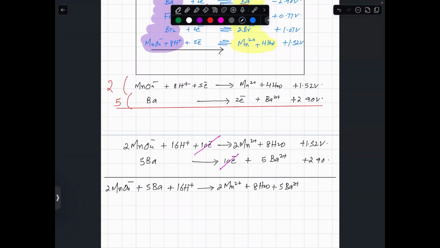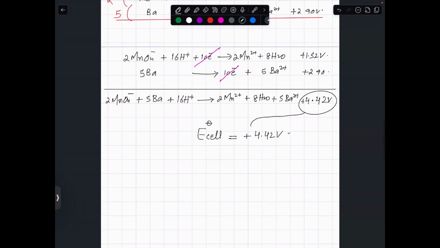And the sum is 0 plus 2.9 plus 1.52, which is 4.42 volt. You know, this is the potential difference of the two half cells, E cell. So E cell is standard E cell plus 4.42 volt.